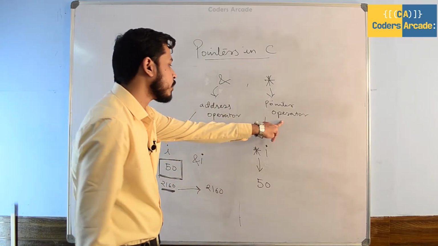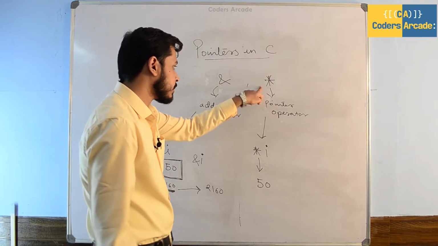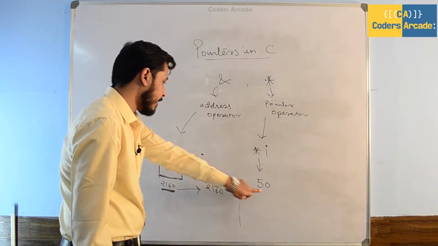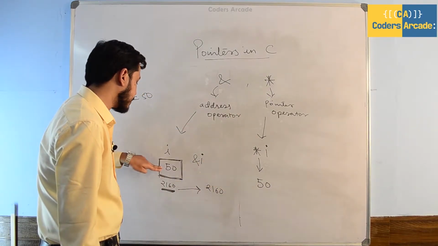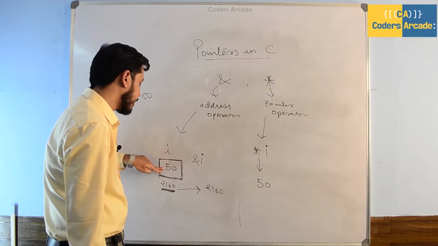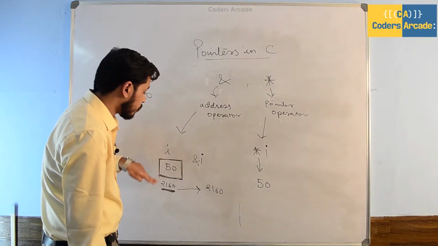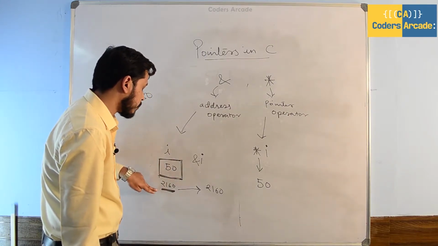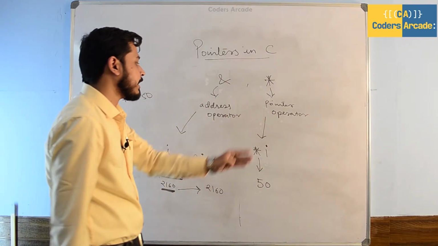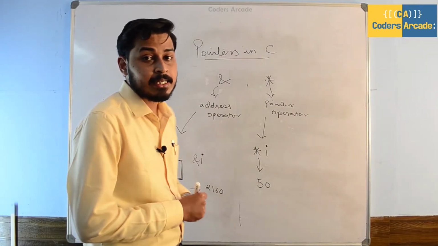Because it is pointing towards the address of this variable, and it prints the value which is inside this particular memory address. So 50 is the value at this address, so it is going to print 50 here. This is the main difference between the address operator and the pointer operator. I hope you have understood this very well.